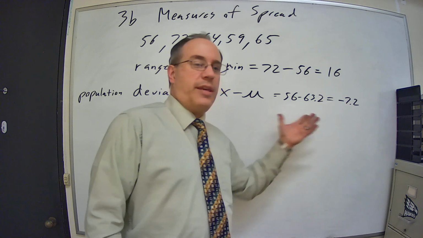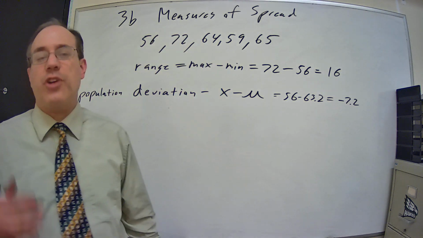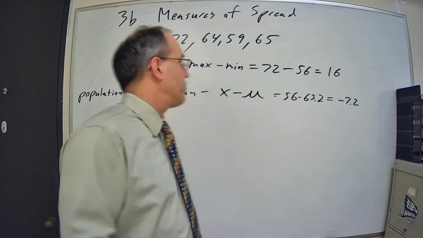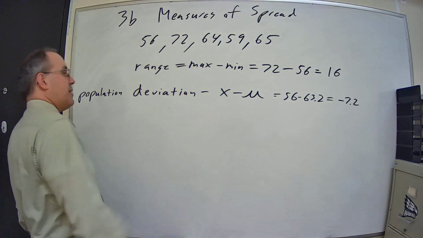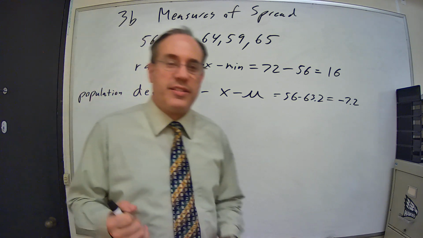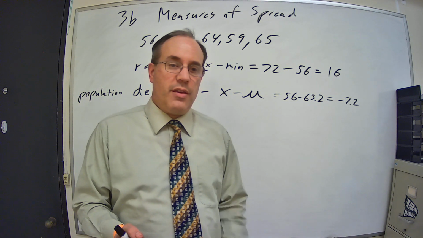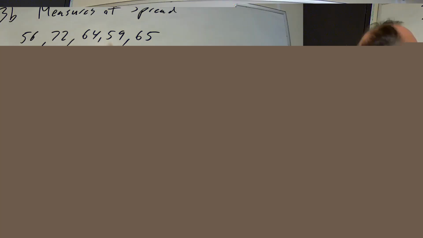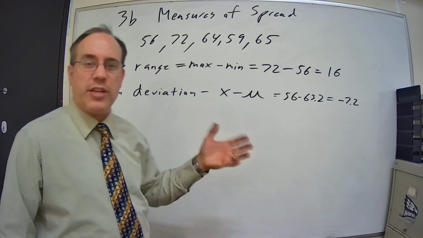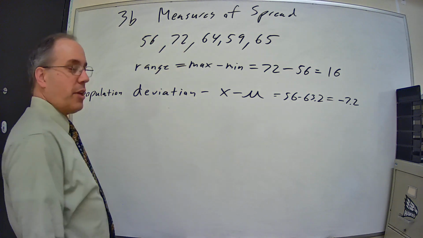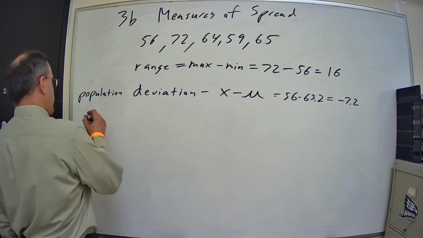Right? So each one of those has its own deviation. So if that's the case, I need something that's going to bring all of this together, because that's nice, but I want a single number that's going to give me a measure of spread for this whole thing. So how am I going to do that? Very simply, I'm going to find what's called the standard deviation.